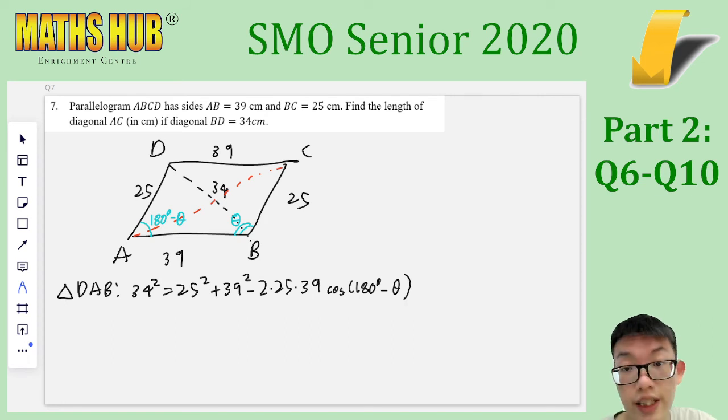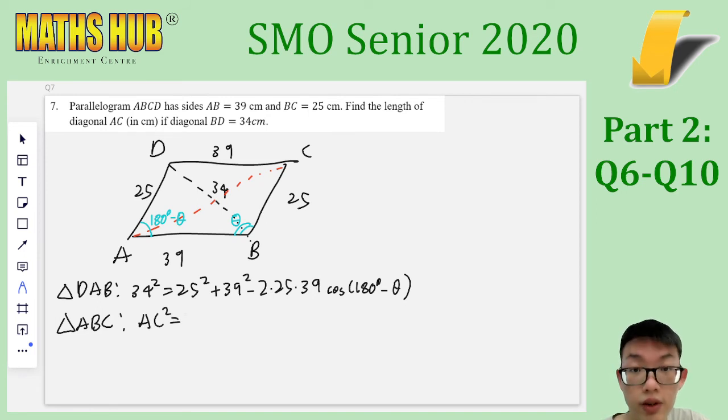And we also have the other triangle, ABC, and it tells us that AC squared, which is what we want, is equal to 25 squared plus 39 squared minus 2 times 25 times 39 cosine theta.